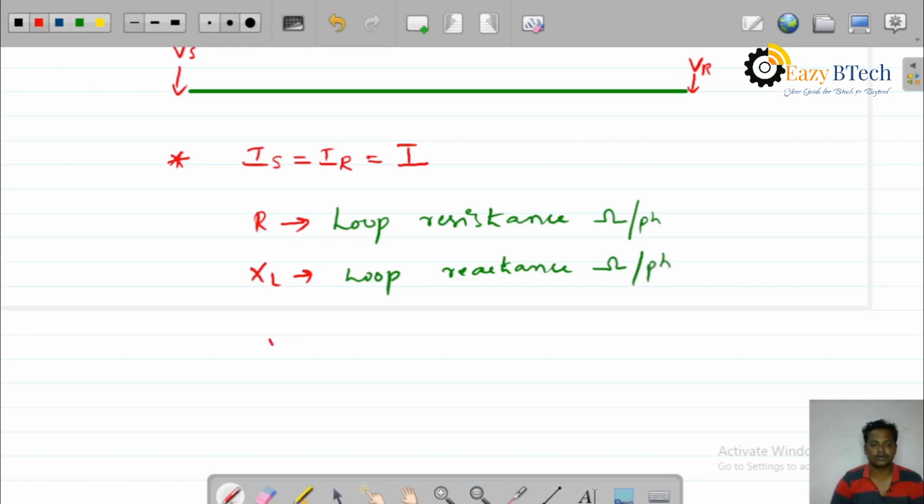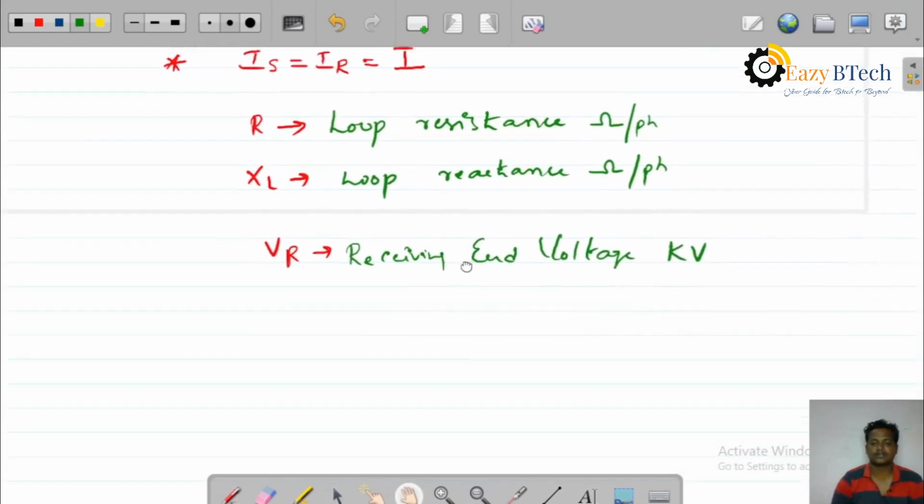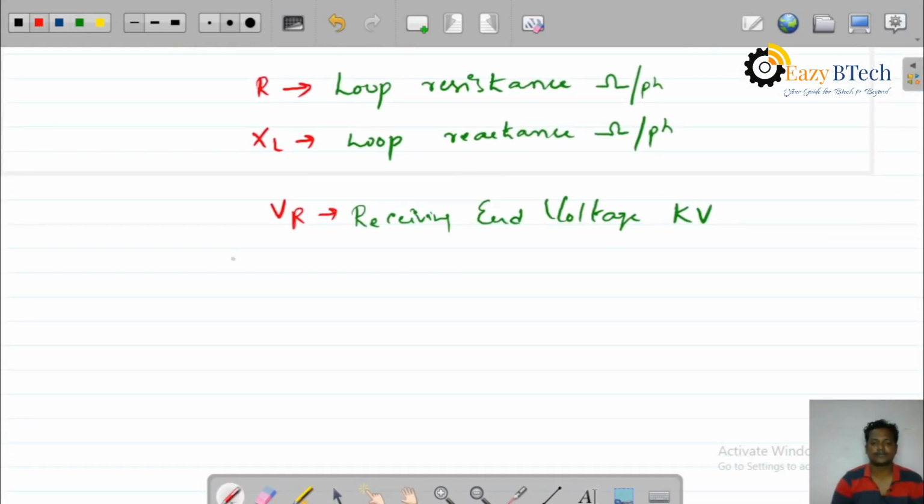VR is the receiving end voltage. In most cases it is represented in kV. Cos phi r is the power factor of the receiving end, the receiving end power factor.